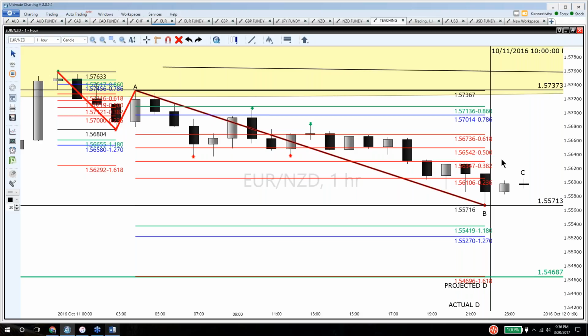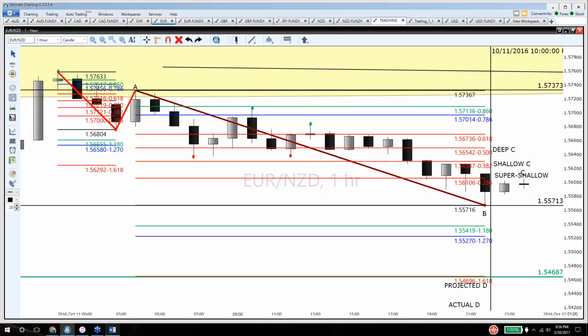And there's a special rule when we're talking about shallow and super shallow C retracements. Anything that is less than the 382 is considered a super shallow C retracement. If it actually touches the 382, then it's considered a shallow C retracement. And if it touches the 50 or beyond that, we're now in deep C territory.